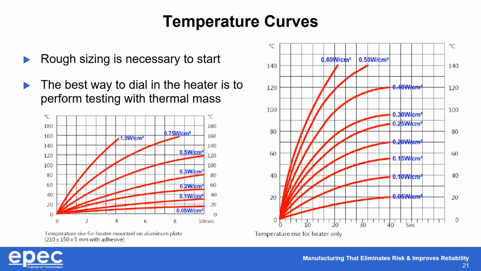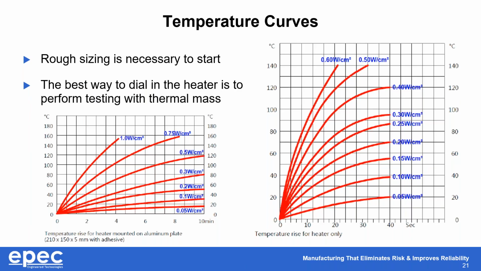And what you can see between these two charts here, on the left, there's a thermal mass involved. The heater is attached to an aluminum plate. Whereas on the right, the heater is just free, and it's really just air that it's heating. And what you'll notice is that the heater warms very fast when there's no thermal mass attached to it.